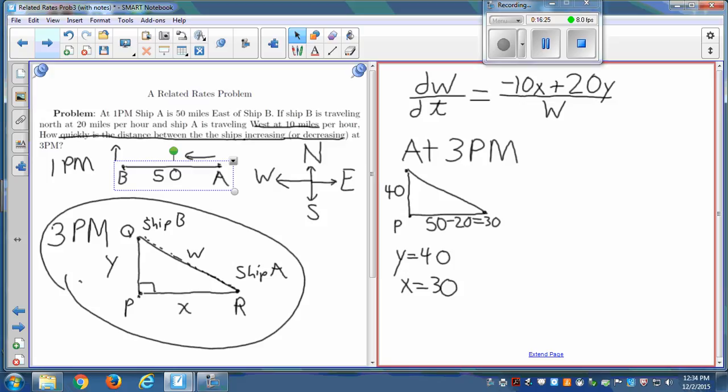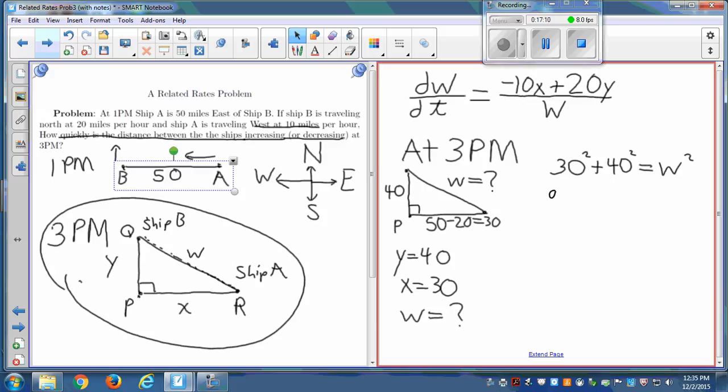Now, of course, we still have to find out what w is equal to. So basically asking ourselves, what's w going to be in this picture? And of course, we can find w using the Pythagorean Theorem since we have a right triangle here. So we know that 30 squared plus 40 squared is going to be equal to w squared.